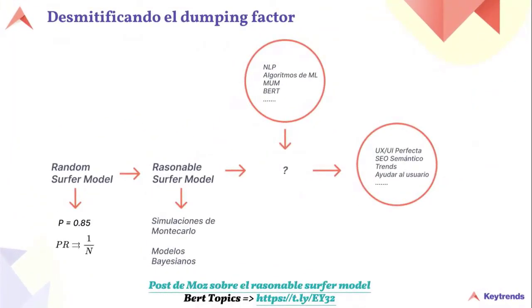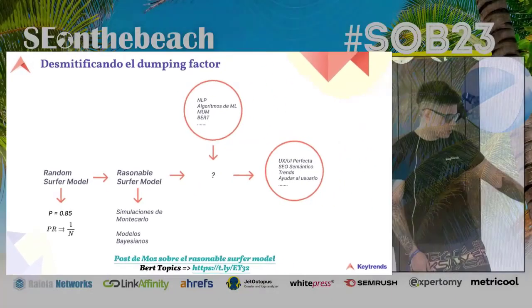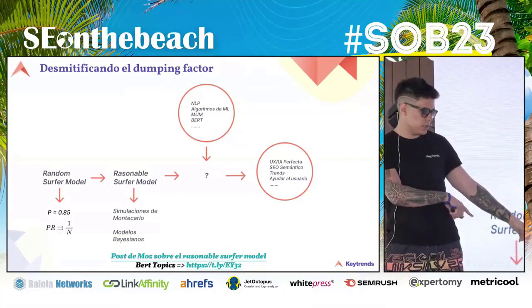Google comes from the random surfer model, and I think it comes from P equals 0.85. It's PR equals 1 over N. From then on, we have the reasonable surfer model with simulations in Monte Carlo and Bayesian models.